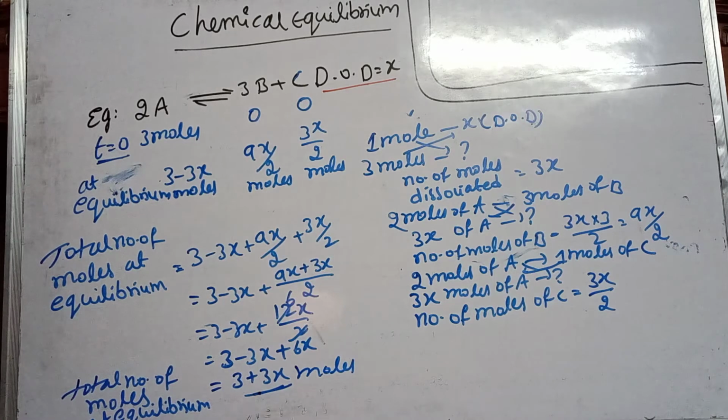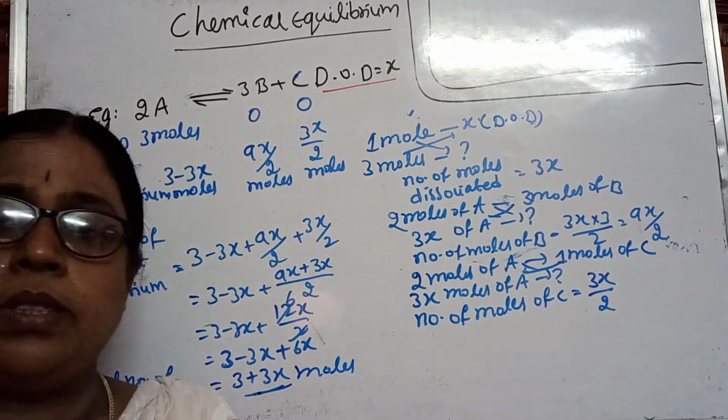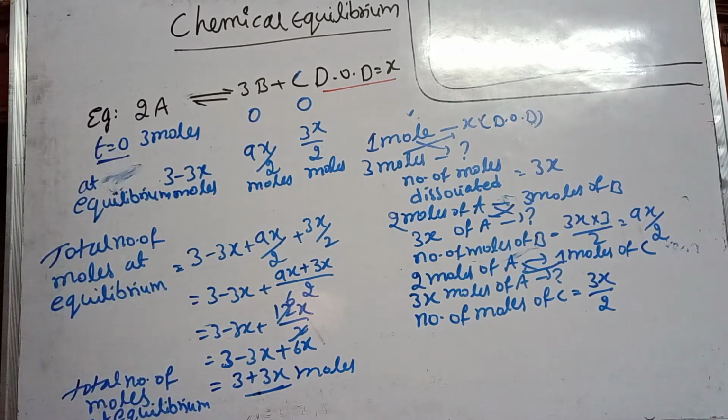Actually these questions come in MCET, to calculate the total number of moles for a given reaction at equilibrium. In this way we calculate the total number of moles at equilibrium.